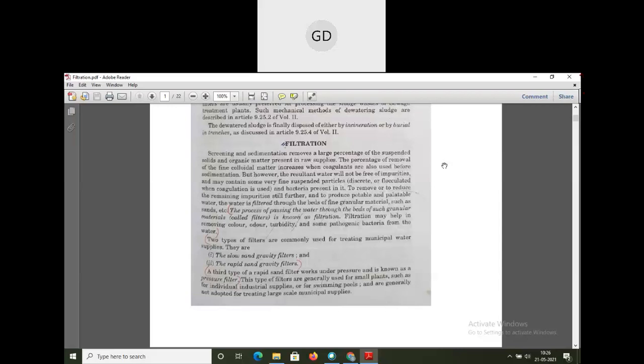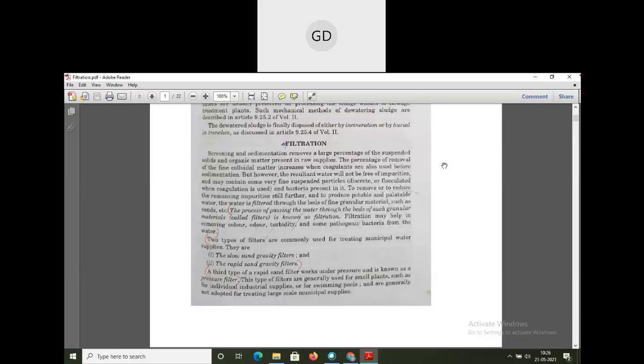Okay, so you have to filter the water coming from the coagulation process through beds of granular material. There will be sand, there will be aggregates, so you have to pass the water through them. The process by which you pass water through such granular material is known as the filtration process.